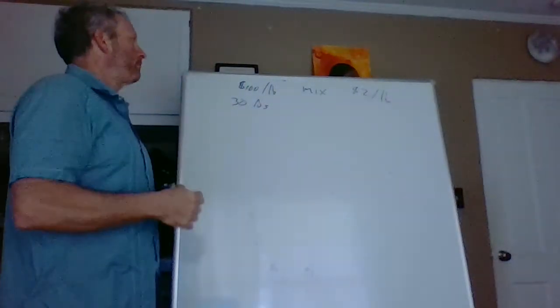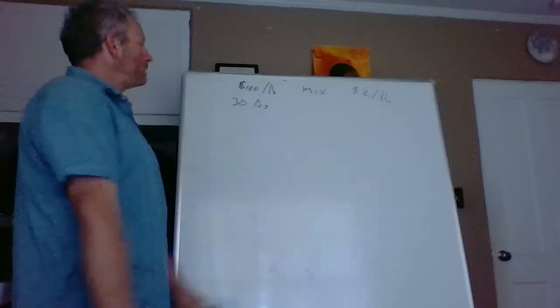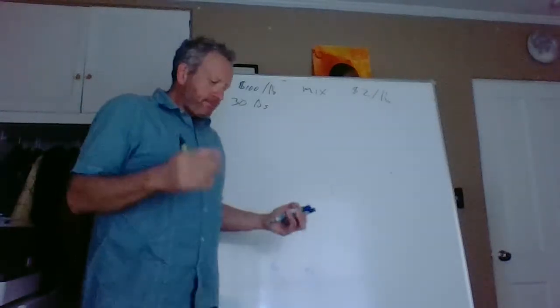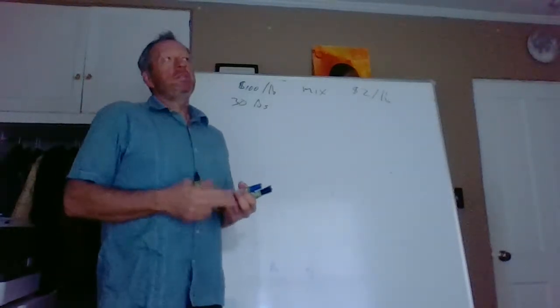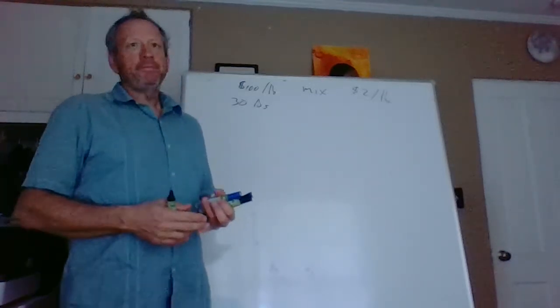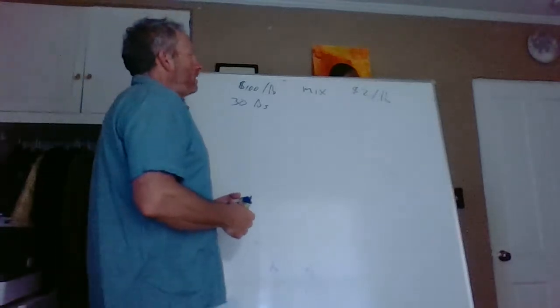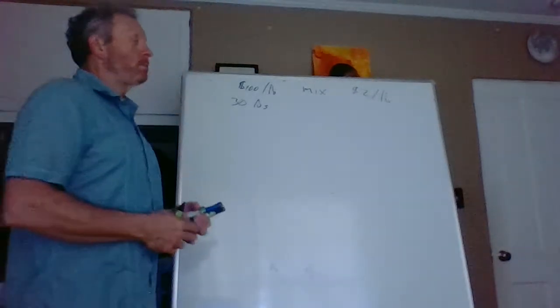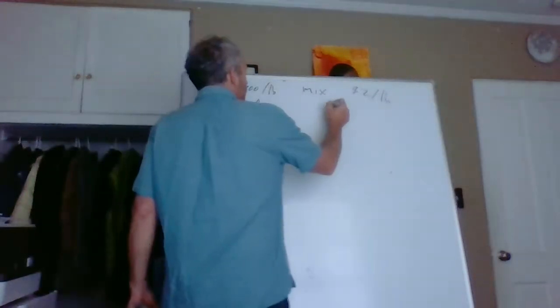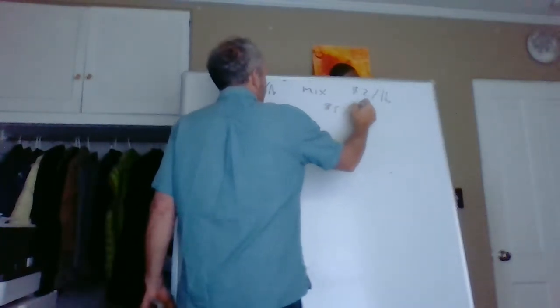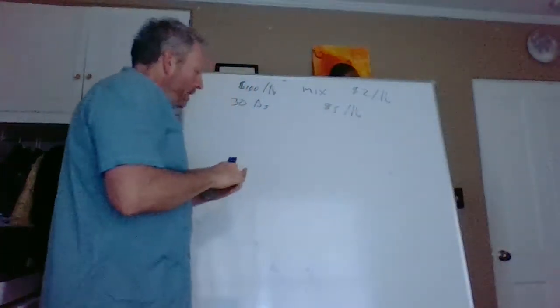So here's the problem. Oh, wait, one more thing. You decide to make a holiday blend, okay? And you feel, based on your experience and your expertise, that you could sell this for, let's say, $5 a pound. So let me recap the problem.